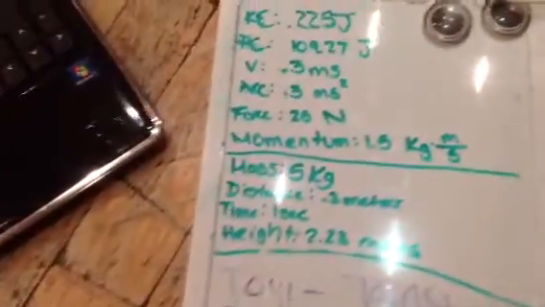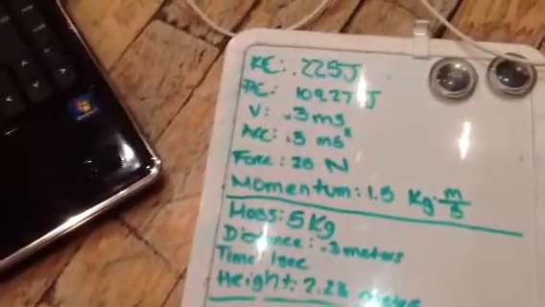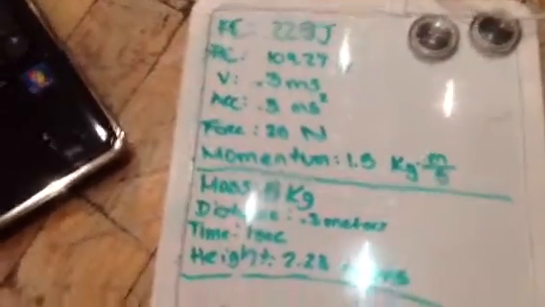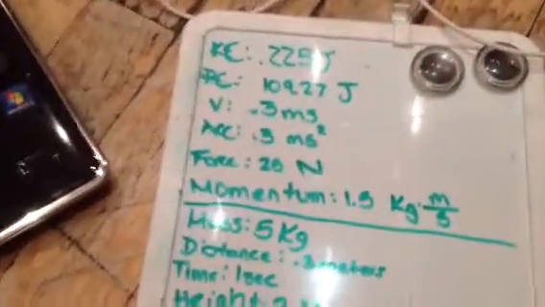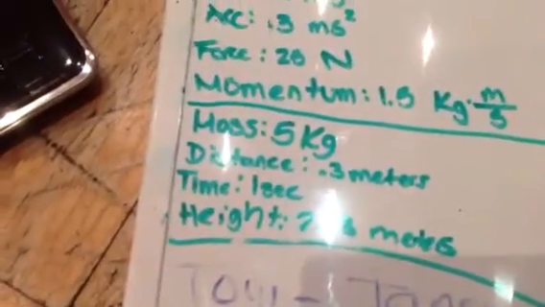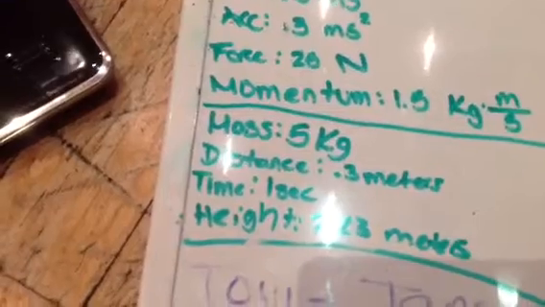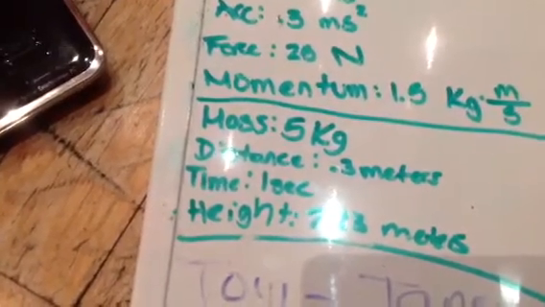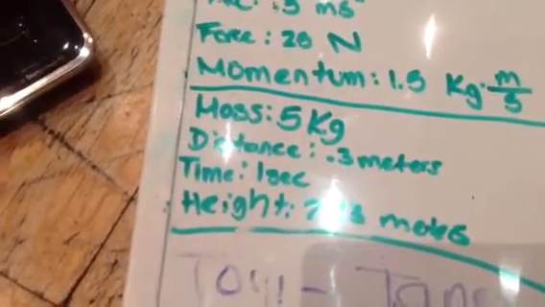Now, how did I get all those numbers? I used the respective formulas for those, and I had to use these measures to get part of the formula. The ball has a mass of 5 kilograms.